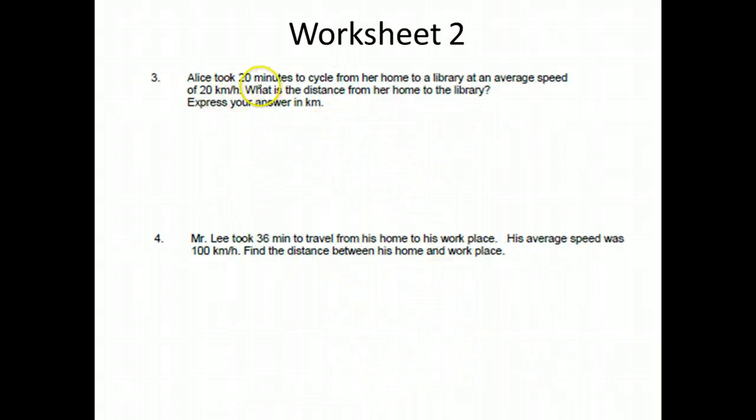Question 3. Alice took 20 minutes to cycle from her home to the library at an average speed of 20 kilometers per hour. So I know I need to find the distance from home to the library. Time is 20 minutes. Speed is 20 kilometers per hour. So let's look at which is not the same. Our time is not the same. I have an hour here and a minute here.